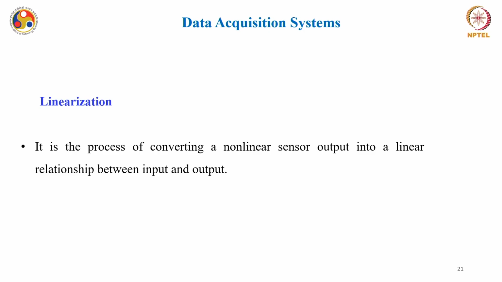It can be a piecewise linear approximation or done by other means. There are various linearization circuits which can give you output in a linear form, maybe by piecewise approximation or by correcting some slope.